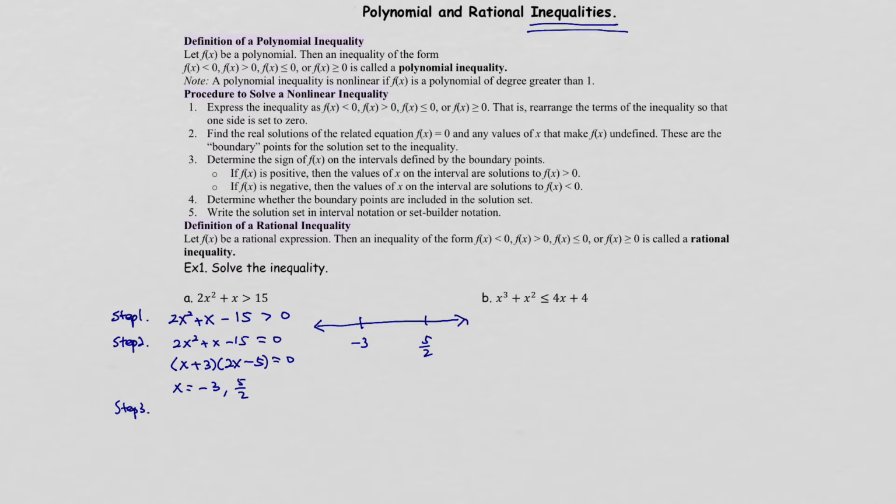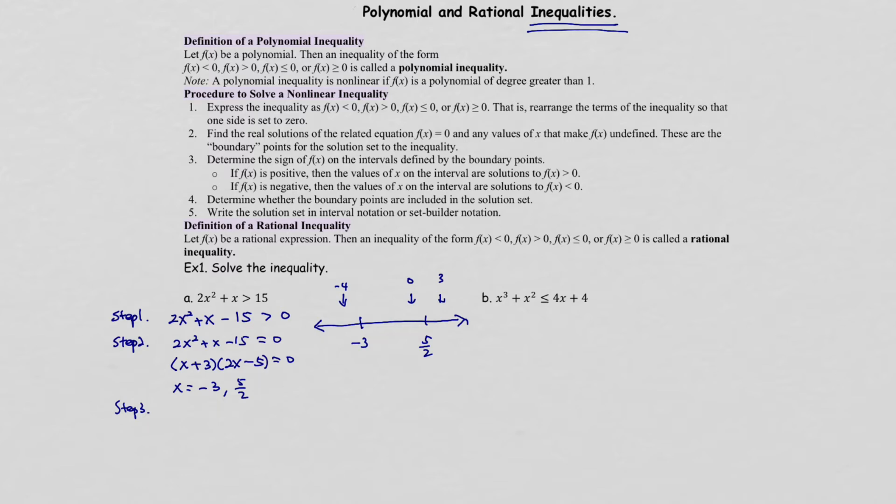So you're going to test, I don't know, which number. I like to use the smallest number possible, so maybe negative 4. And I usually like to use 0 because that's an easy number to play with. And 5 over 2 is 2.5, so maybe 3. I'm going to use 3 points to test it.